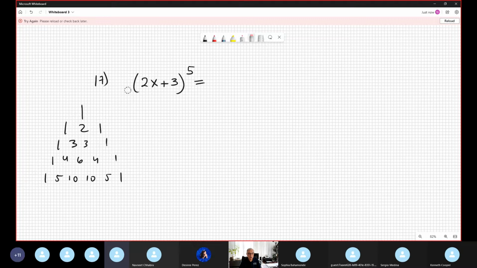Remember the idea is a summation from k equals 0 to 5 of a to the n minus k times b to the k, where a in our problem is 2x raised to the n minus k, and b is 3 raised to the k.